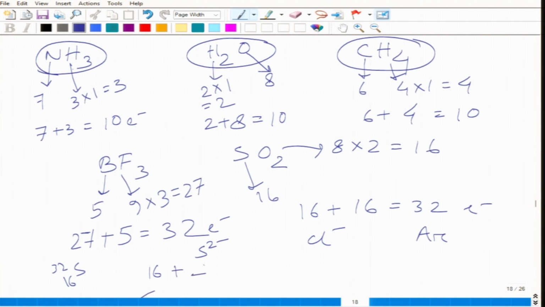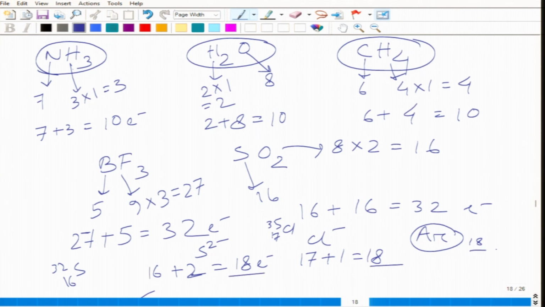So 16 plus 2, therefore 18 electrons. Chlorine initially had 17 electrons. Minus 1 charge means it has accepted 1 electron. So 17 plus 1 becomes 18, and argon is a noble gas having 18 electrons. So these are isoelectronic species.